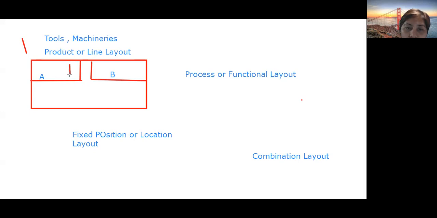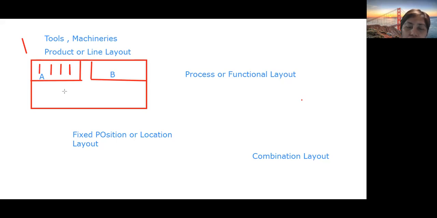Once you get inside area A, you will see different operations in making tools. For example, this machine is used in preparing the materials. The next machine is for assembly, the next operation is for packaging, then for the finishing.